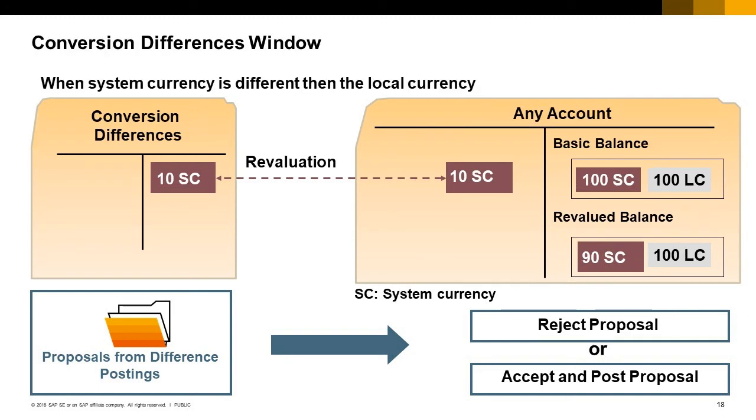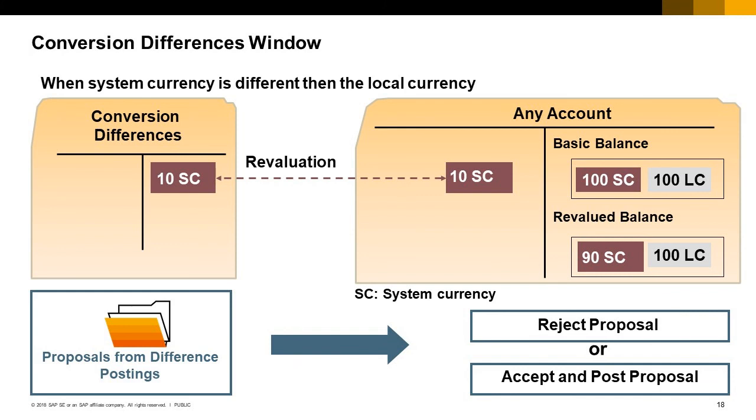In addition to the local currency, the system also manages your data in the system currency in parallel. If your company's local currency is different from the system currency, exchange rate differences can arise. The system can revalue these differences to a certain date automatically. This date will typically be a closing day of a certain period. The procedure is carried out using the Conversion Differences function under the Financials module, the same way as the exchange rate differences.